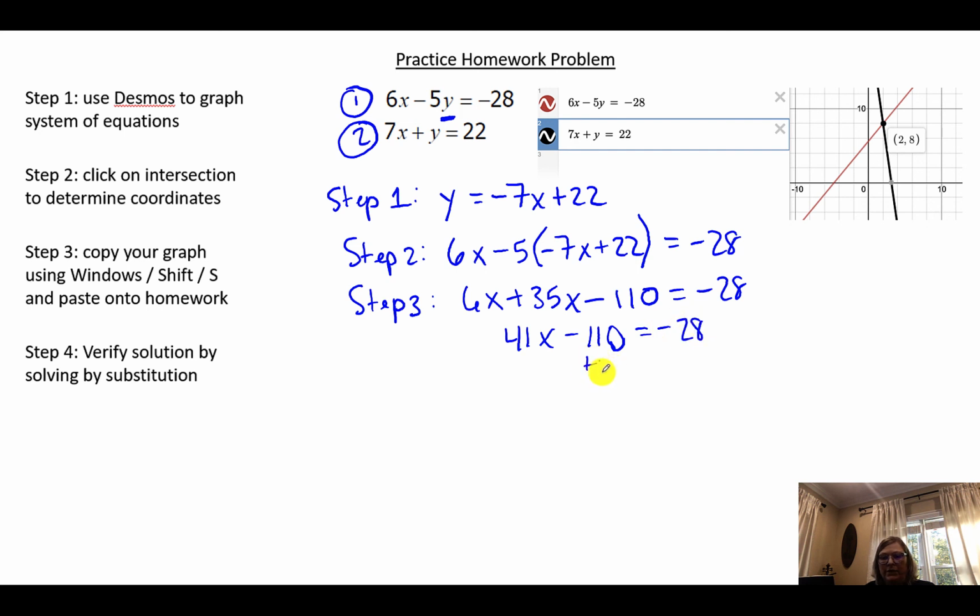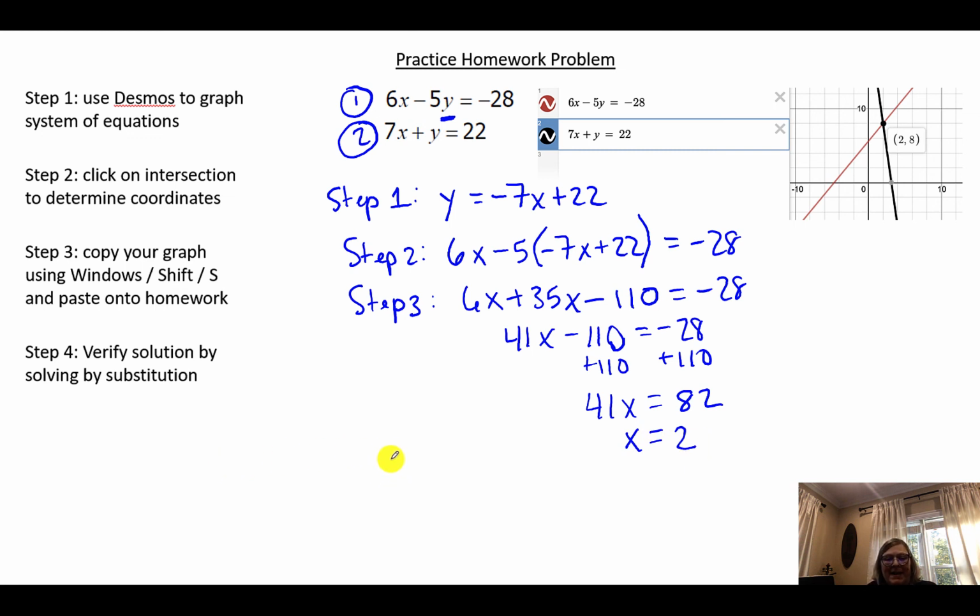And then I can add 110 to both sides. I'm going to get 41x is equal to, let's see, so it'd be 18 below 100, so 8 below 90, so that would give me 82. Divide both sides by 41, and x is equal to 2.